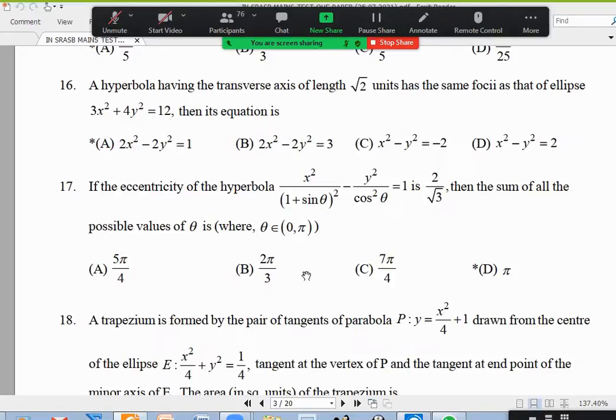Sir, 17. Okay, the eccentricity is 2 by root 3, the sum of all the possible values of theta. Two by root 3 is eccentricity, which is square root of 1 plus b by a whole square. That is cos square theta by 1 plus sin theta whole square.